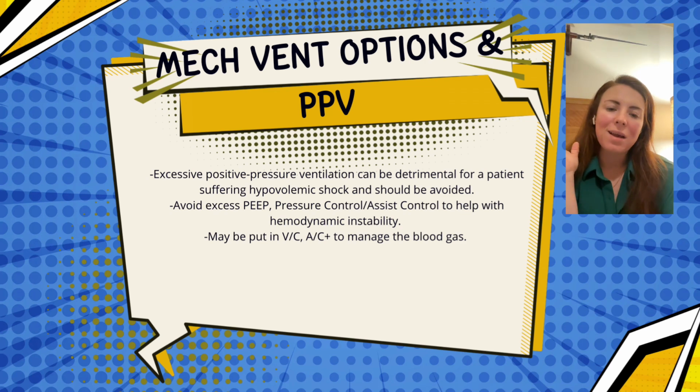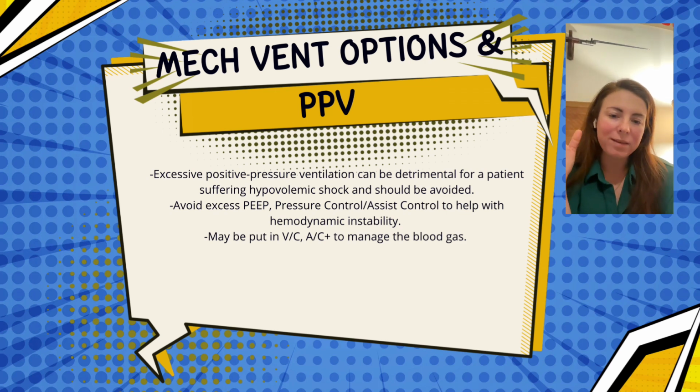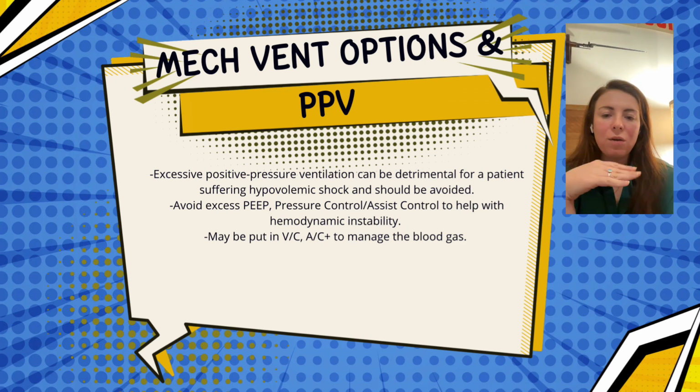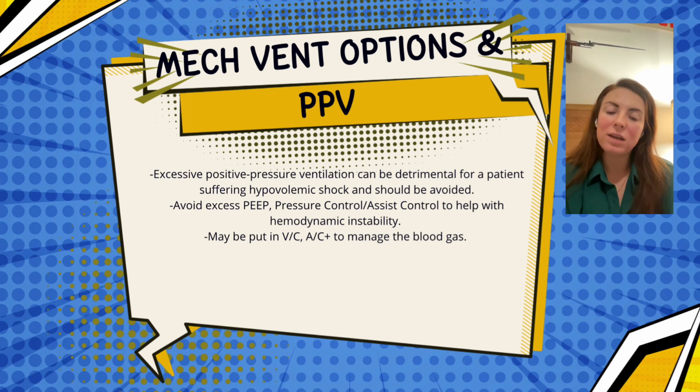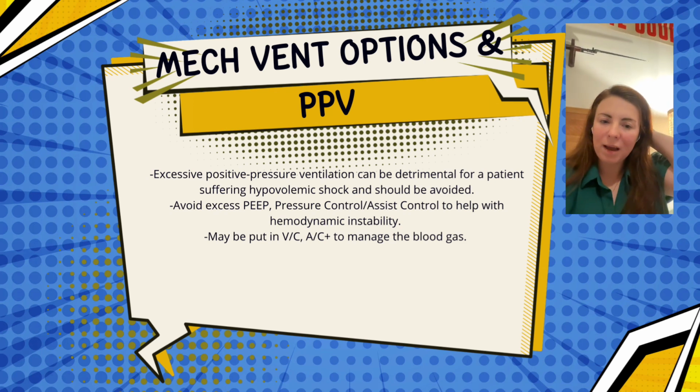By putting them into positive pressure ventilation, it'll cause an even greater decrease in venous return and cardiac output because of that intrathoracic pressure on the greater vessels. So we really want to be careful with that.